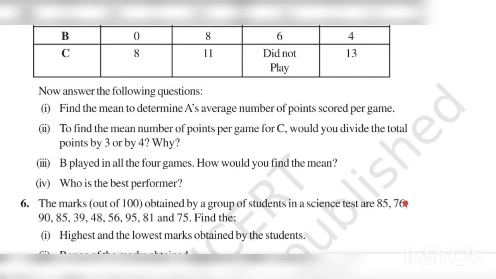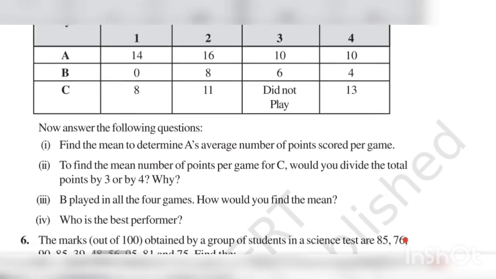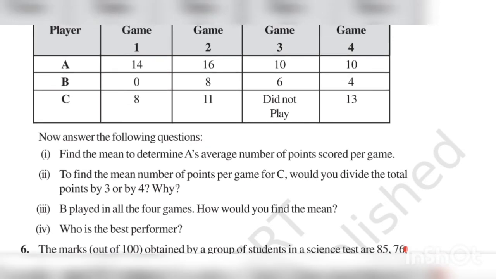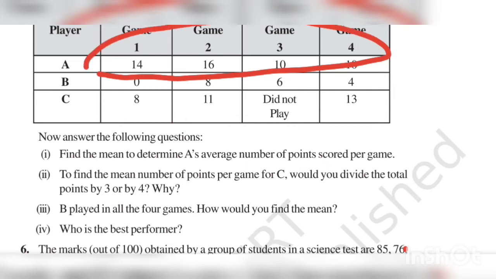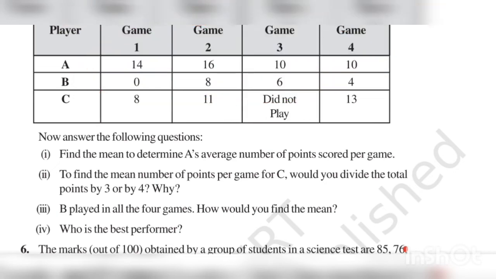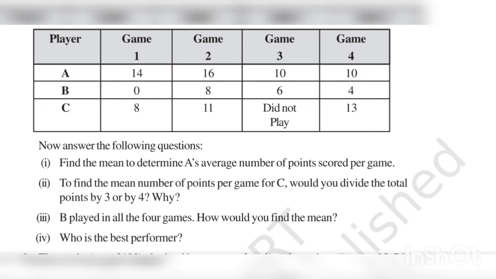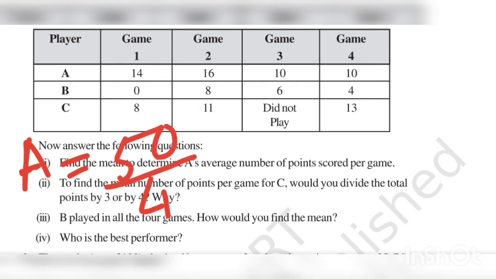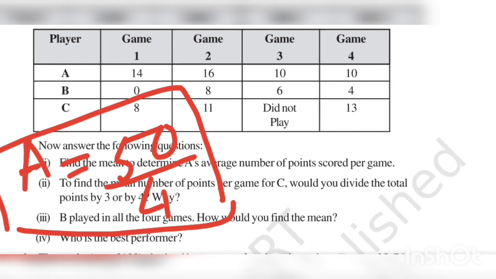In question number 4, it is written, who is the best performer? For finding it, we have to find the average scores of each player. So for A, B and C, we have to find the mean points which they have scored. For A, we have already found that the total score was 50, and he has played 4 matches, so the mean score of A will be 50/4.